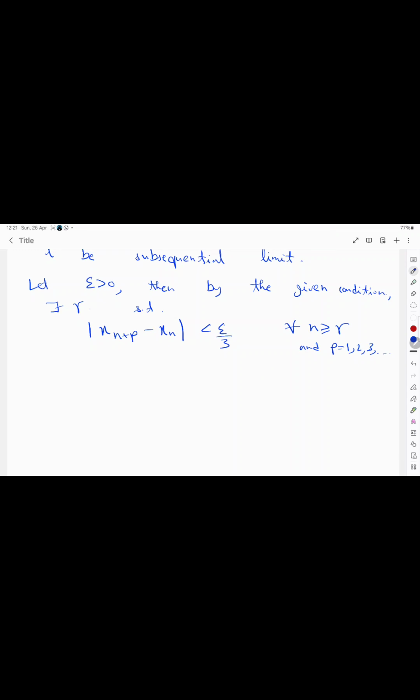In particular, if you consider that your n equal to r, so r plus p minus xr is less than epsilon by 3.